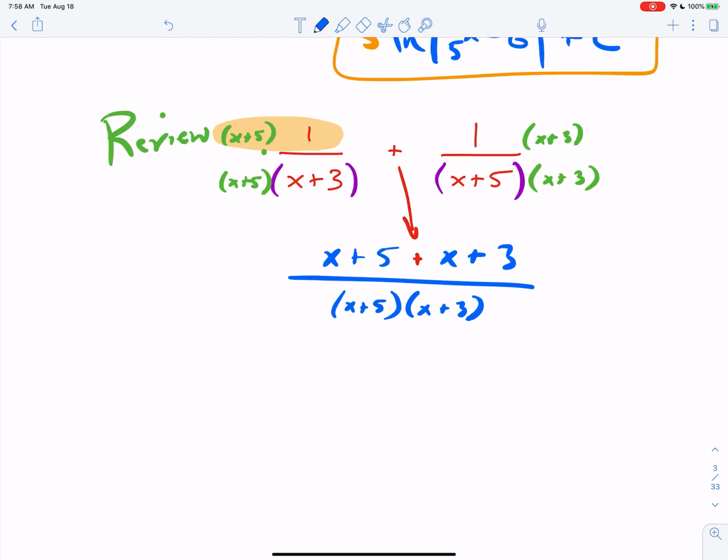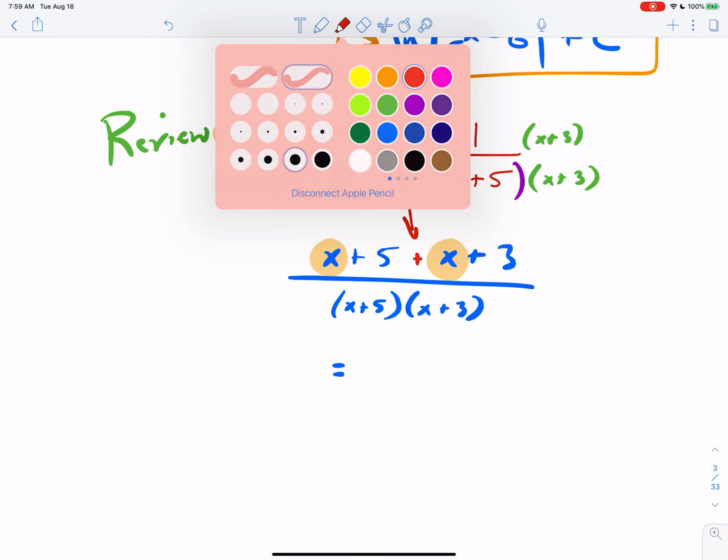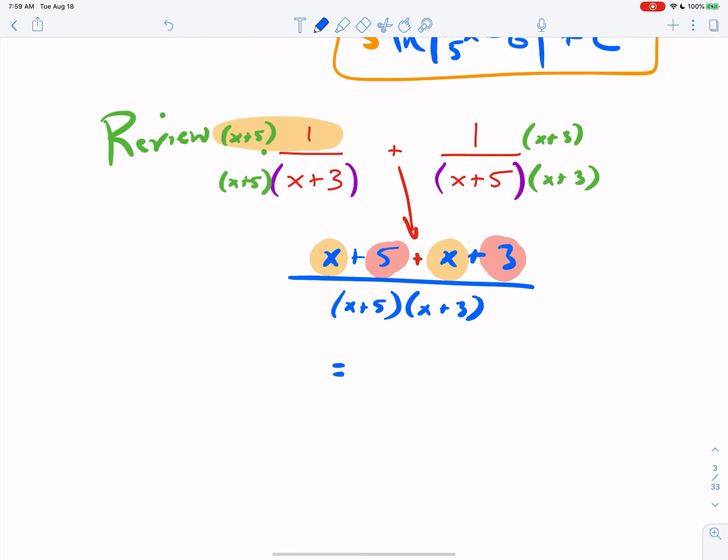So this ends up being, if I combine like terms here, going back to kind of algebra 1, so the basics, we'll get 2x plus 8 all over x plus 5 times x plus 3.